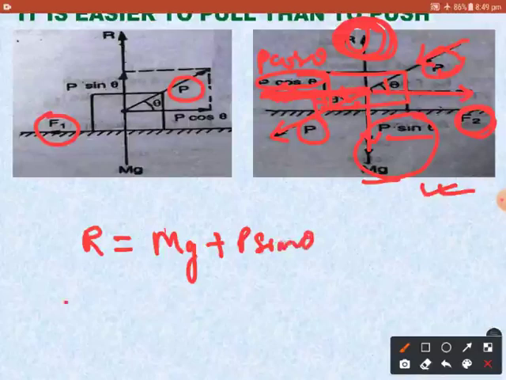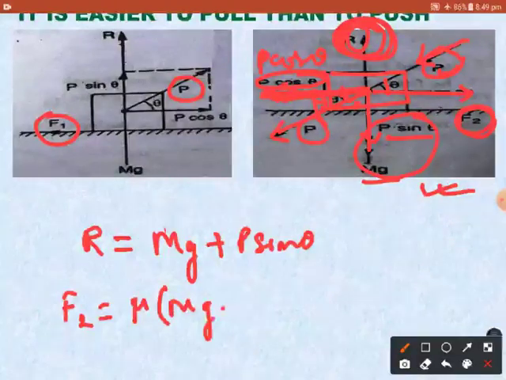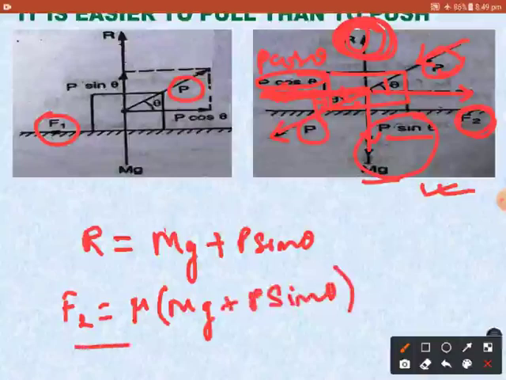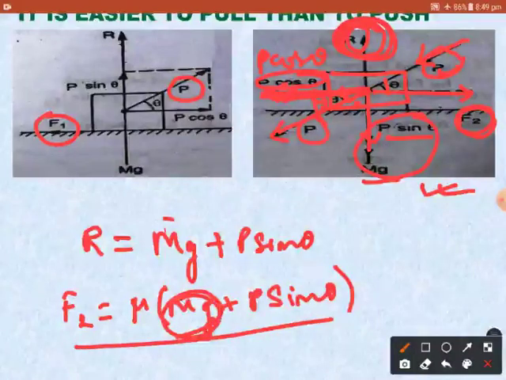So what is F2 here? This will be equal to mu times R. So mu times R means mu times mg plus P sine theta, like this, right? So here in this case, your normal reaction is more than the weight.